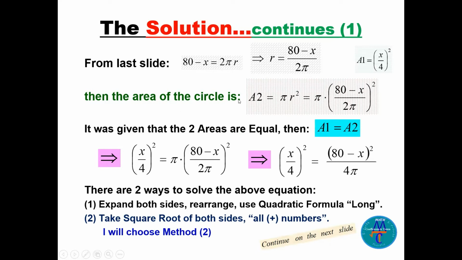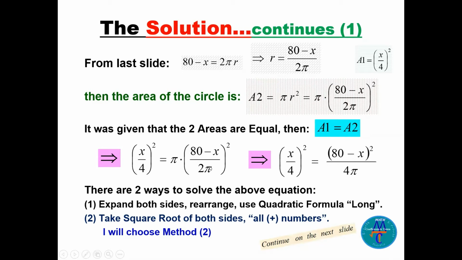Okay, now what is the area of a circle? Pi r squared. Let's call it A2. That's the formula for the area of a circle. Pi is there, and r we have found already: 80 minus x over 2 pi, all squared. Now it was given that the two areas are equal, so area 1 is equal to area 2. Area 1, x over 4 all squared, is equal to area 2, pi times 80 minus x over 2 pi squared.